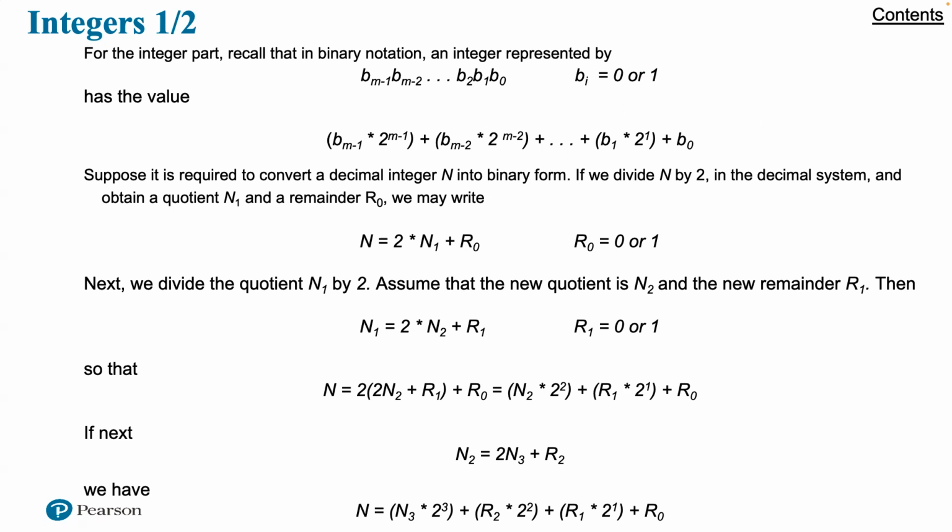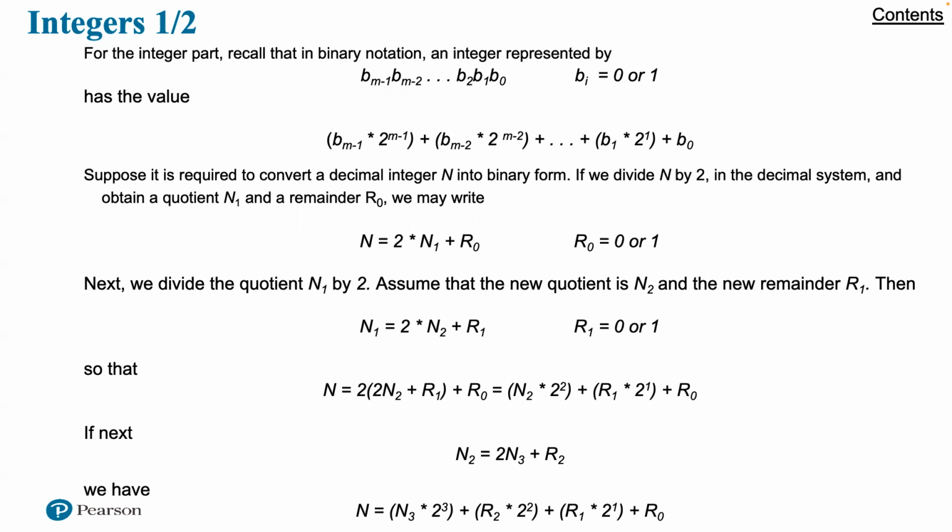Suppose it is required to convert a decimal integer n into binary form. If we divide n by 2, we obtain a quotient n sub 1 and a remainder r sub 0, so we may write n equals 2 times n sub 1 plus r sub 0, where r sub 0 equals 1 or 0.